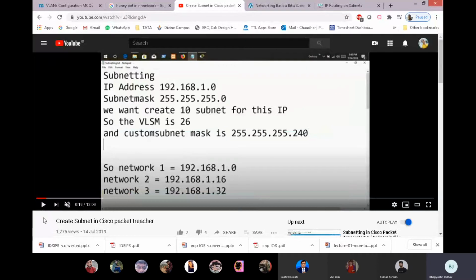The subnet mask is taken by default. We want to create 10 subnets for this IP. So the VLSM is /26, and the custom subnet mask is this one. Network 1 is 1.0, network 2 is 1.16 and network 3 is 1.32.